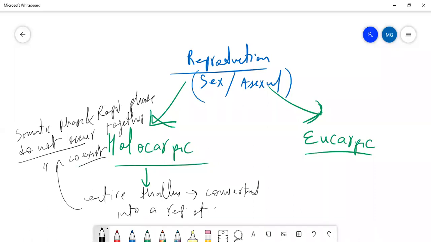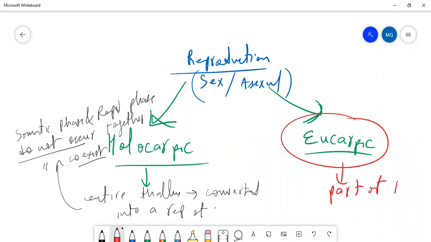And when we talk about eucarpic fungi, only a part of the thallus is converted to the reproductive structure. I don't need to write everything; you are smart enough to decipher what I say.